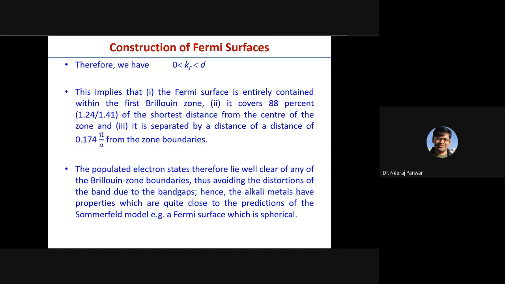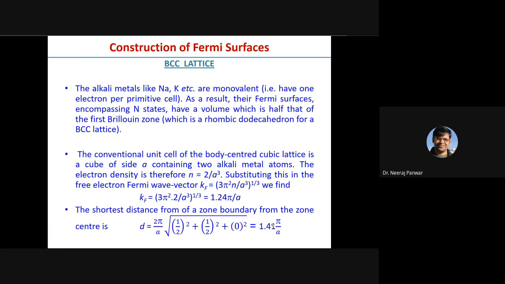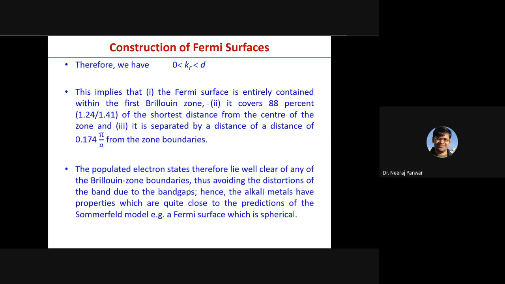Number one, the Fermi surface is entirely contained within the first Brillouin zone. Second, if we divide 1.24 by 1.41, we get 0.88, so the Fermi circle covers 88% of the shortest distance from the center of the zone. It is separated from the zone boundary by a distance equal to 0.174 pi over a.